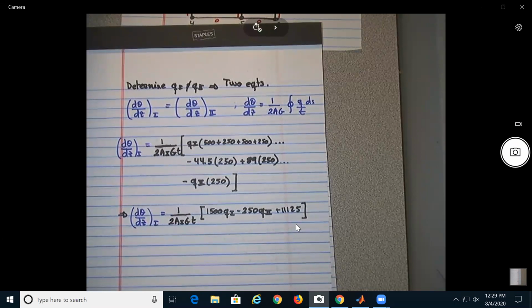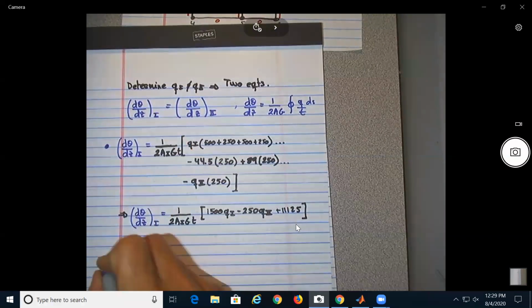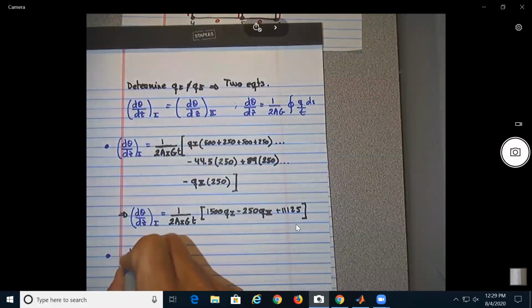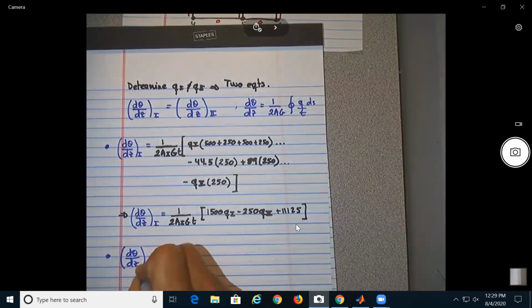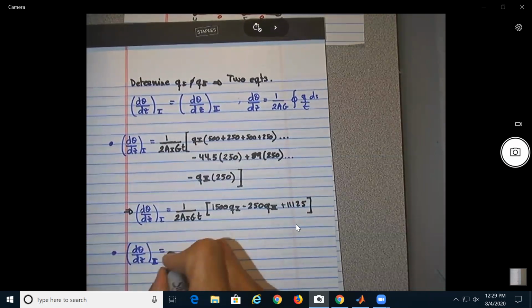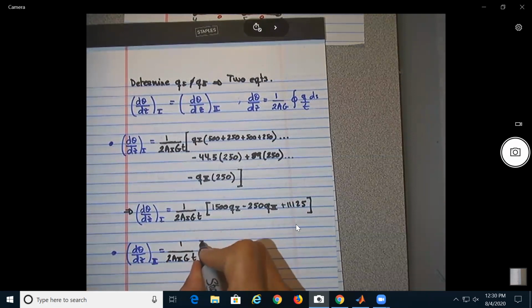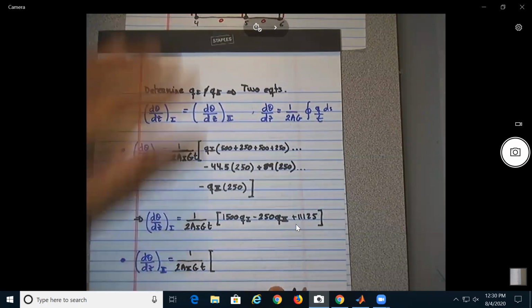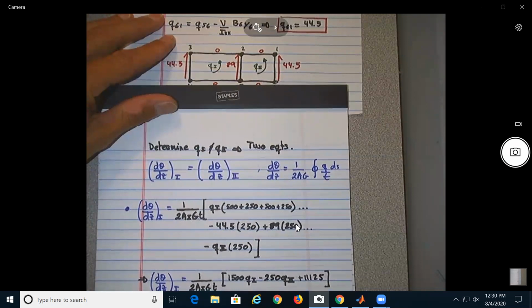So now, similarly, now we're going to do d theta dz for the second cell will be equal to what? 1 over 2A2 GT. And here I've kind of do the same thing.